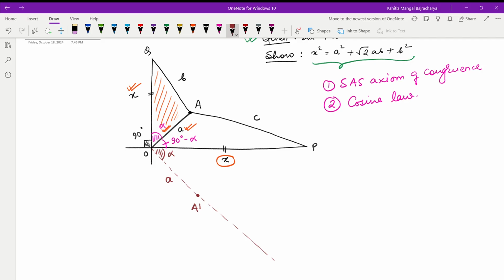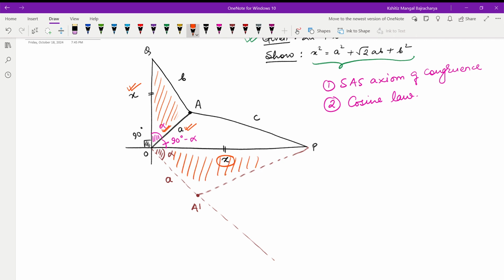Now since alpha is fixed and A dash is fixed, we can join the point A dash to the point P like this. Let's focus on this triangle.